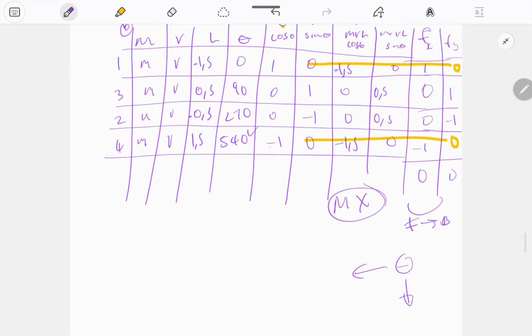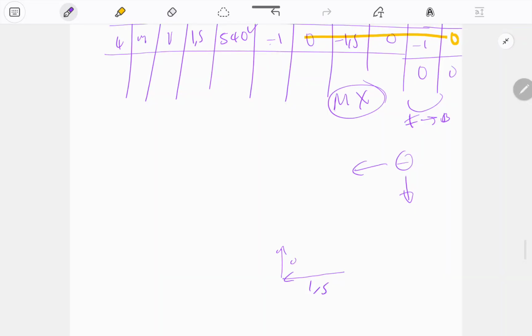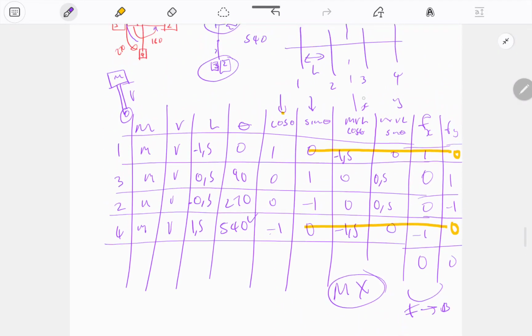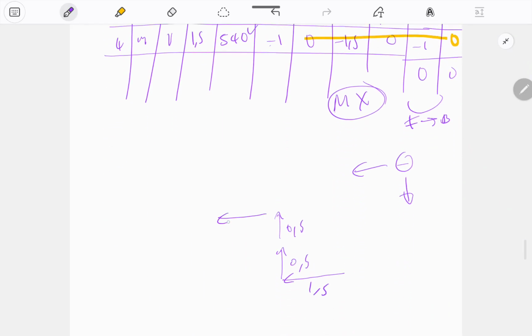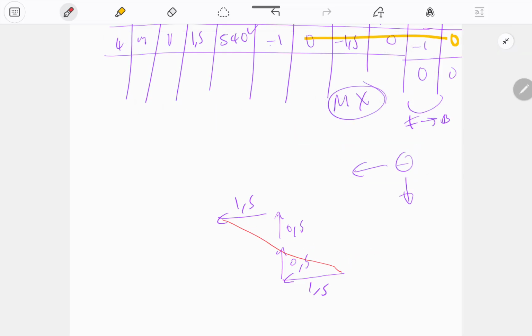And then from that, we have a 0.5 on y, two 0.5s that are positive. Then from then we'll have another negative x of 1.5, right? And that means our resultant will be looking like that, with some angle here.